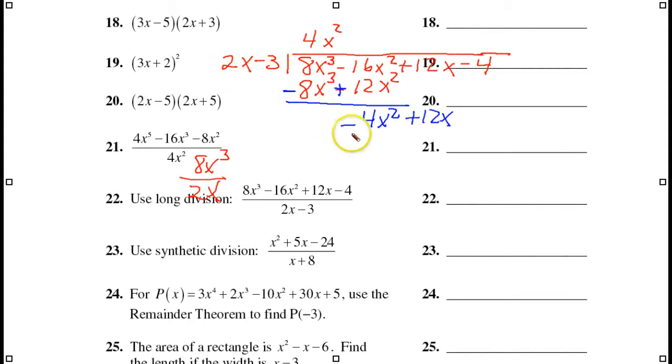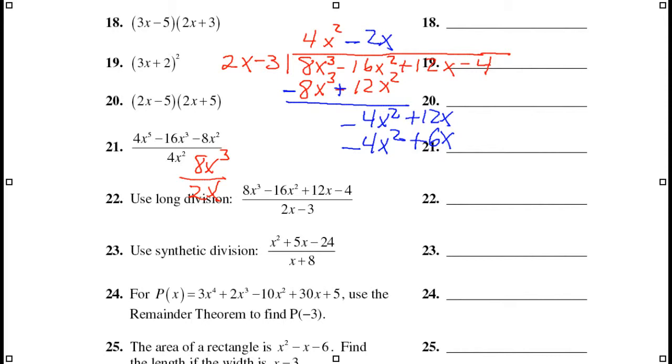Now 2x goes into there, and you can do that same technique, a negative 2x times. Because when you do this multiplication, 2x times a negative 2x, you want to get exactly what you have there. Now, negative 3 times negative 2x is a positive 6x.